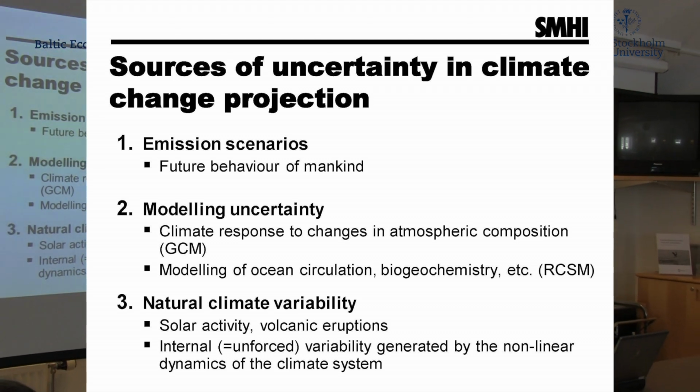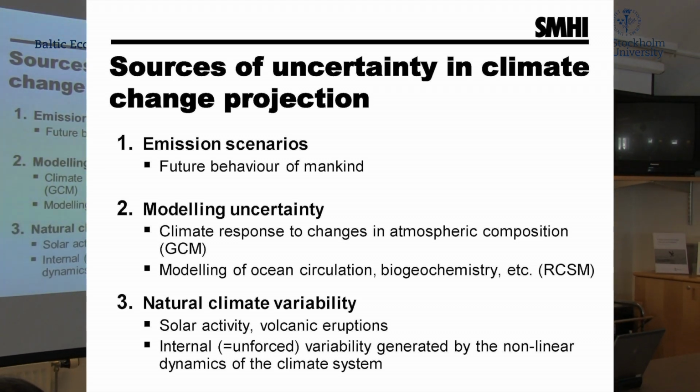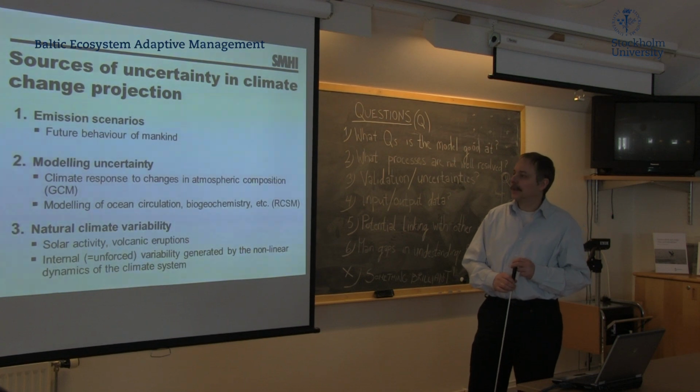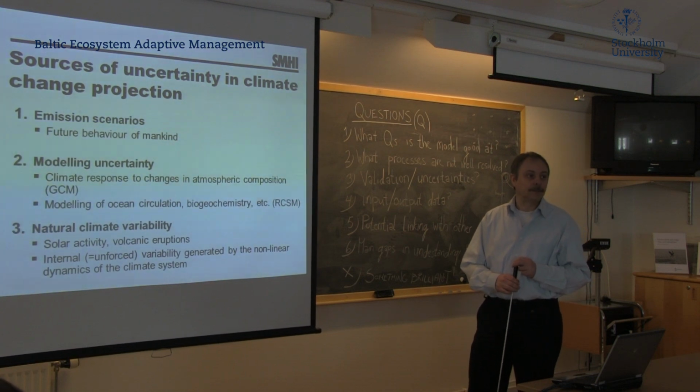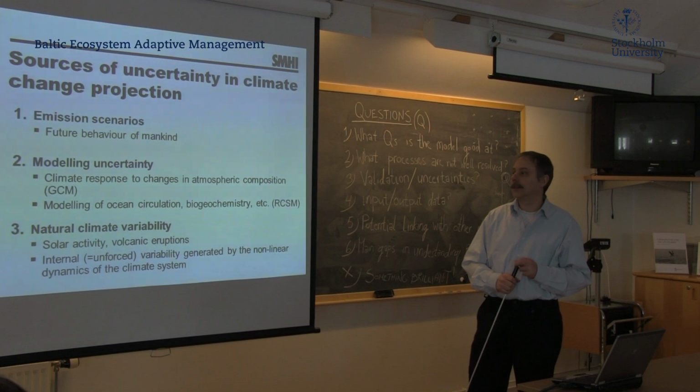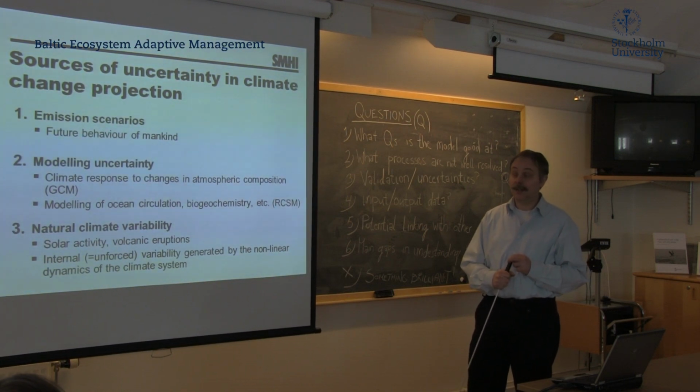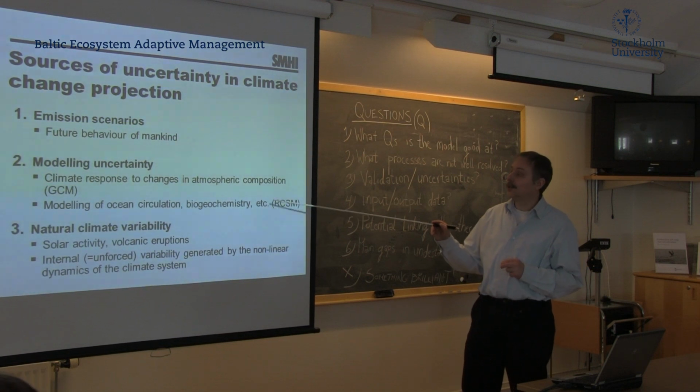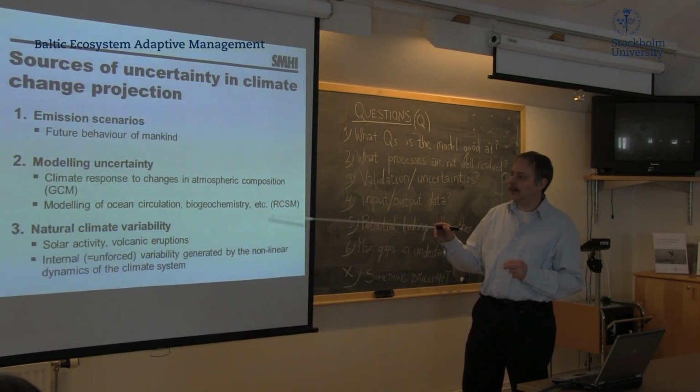For the climate model, it would mean the climate response to changes in atmospheric composition. And for the biogeochemistry, it would mean the sensitivity: if you reduce the nutrient loads, what will remain in the water column, what are the time scales, and how the pools in the water and in the sediment react to changing external loads.